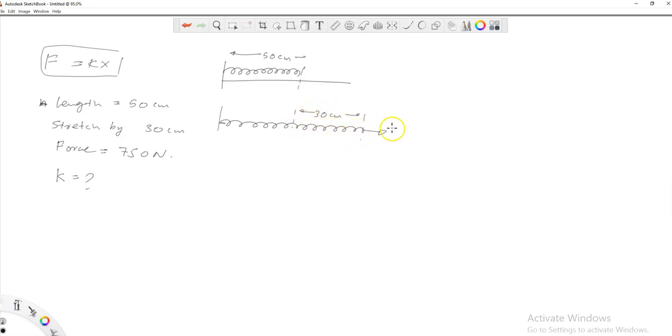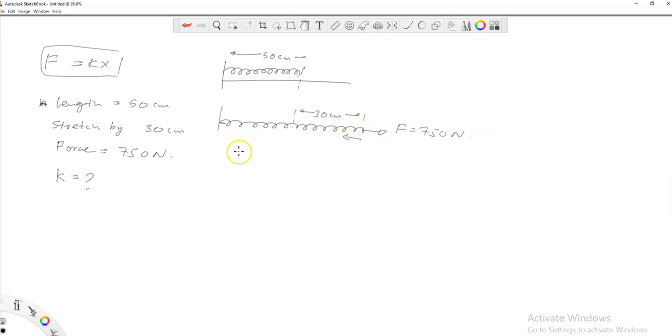At that point, the force needed is 750 newtons, right? You start from 0, you apply force little by little, 10 newtons, 20 newtons, 50, 60, 70, like that. You keep increasing. As you increase the force, the length increases, and to get it to 30 additional centimeters, you have to apply 750 newtons, right? At this point, you're applying 750. The spring is pulling back with the same amount of force.